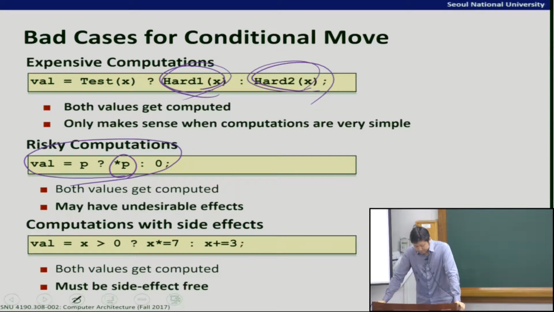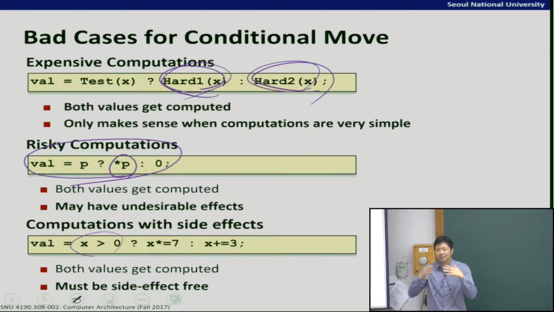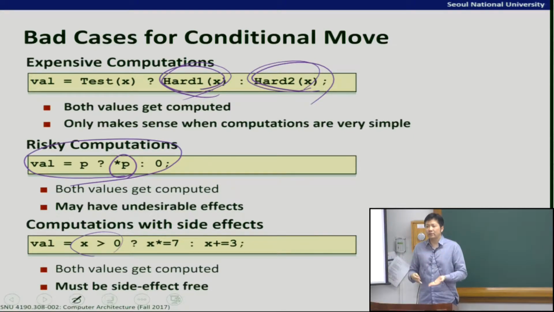And finally, the third bad case is computation with side effects. So in the original program statement, you only expect the return value to be chosen from one of the two, right? But in this case, you have some side effect, meaning that as a result of executing the statement, your state gets changed.